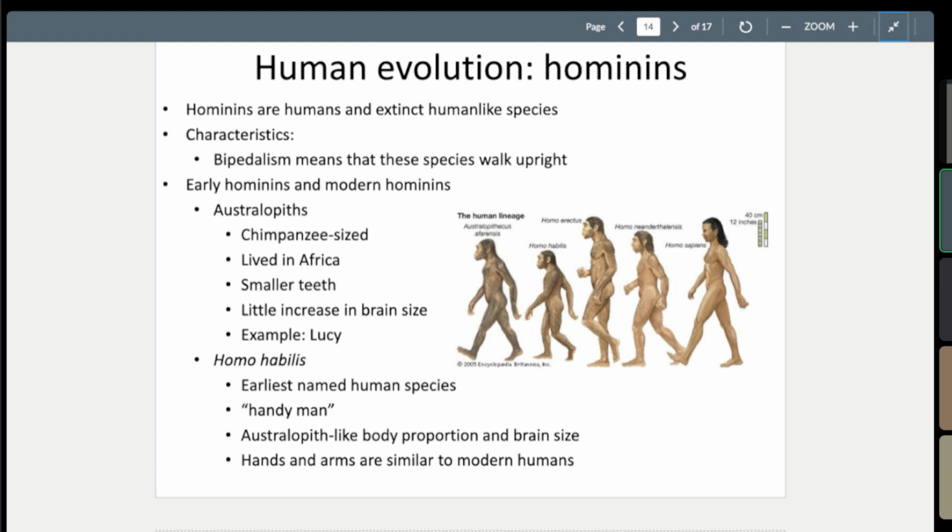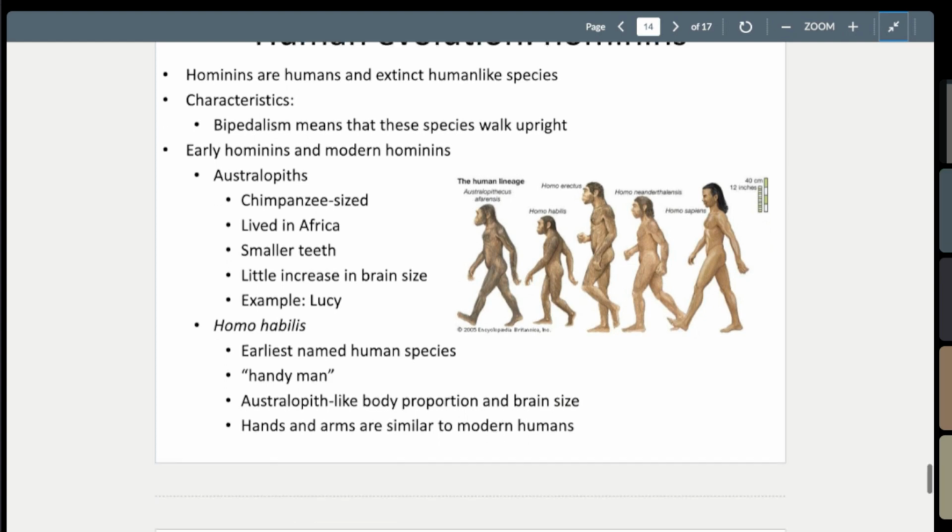In the human lineage, Homo habilis is the earliest named human species, the handyman. They have Australopith-like body proportions and brain size, but their hands and arms are similar to modern human beings.